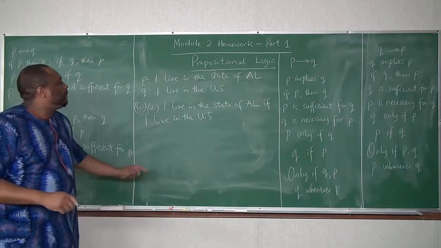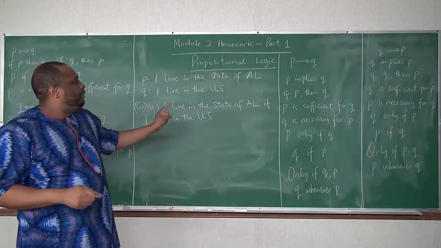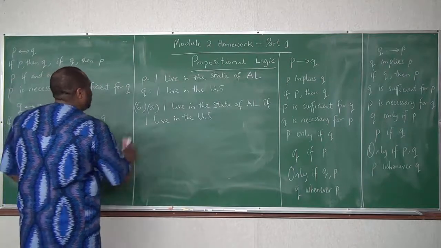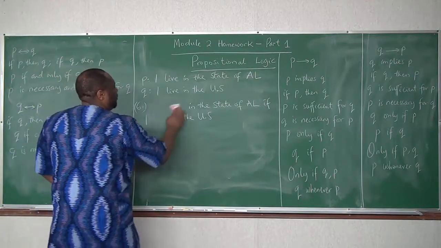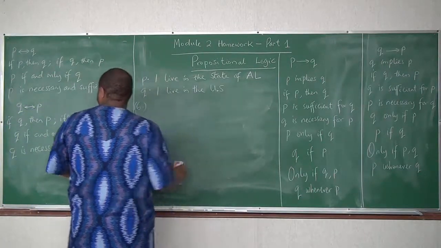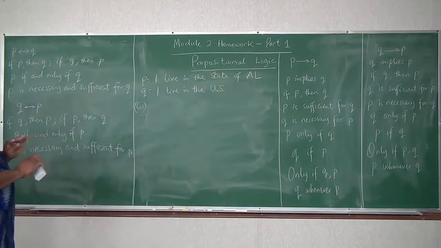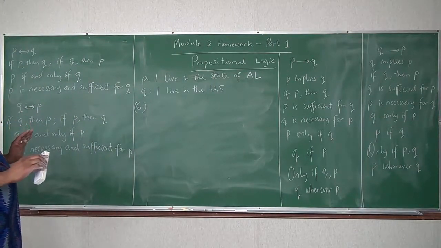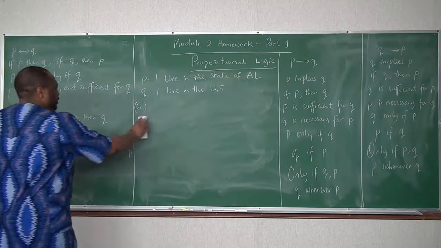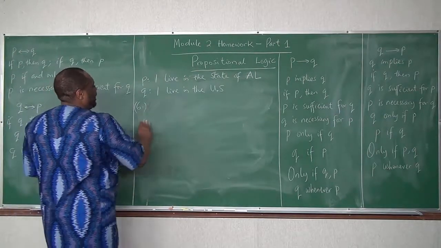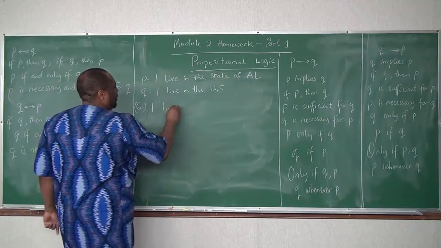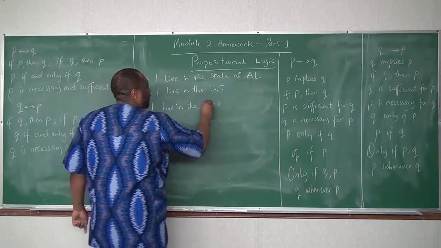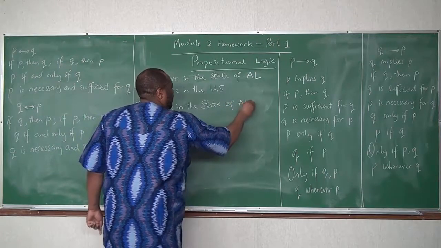So look here. I want to write it so that you kind of say it and it will make more meaning to you. I'm going to write here, I live in the state of Alabama.